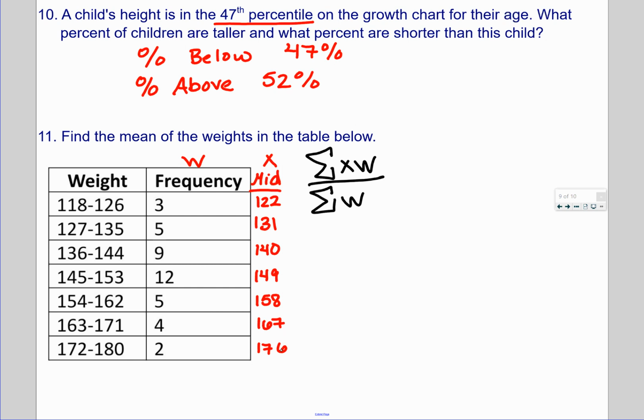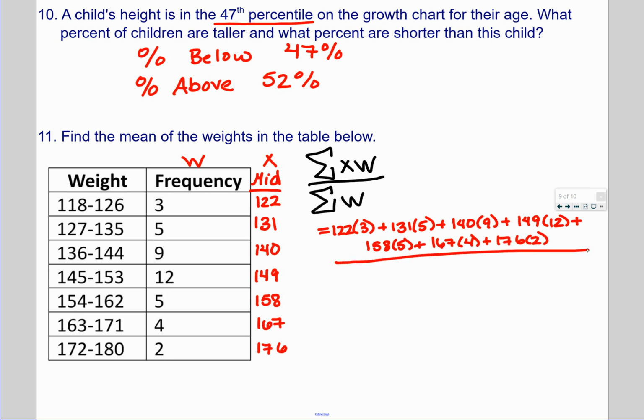Now, according to our formula, we're going to take all the x values times their weights, which are their frequencies in this case. So that's going to take a minute. 122 times 3 plus 131 times 5 plus 140 times 9 plus 149 times 12 plus 158 times 5 plus 167 times 4 plus 176 times 2.